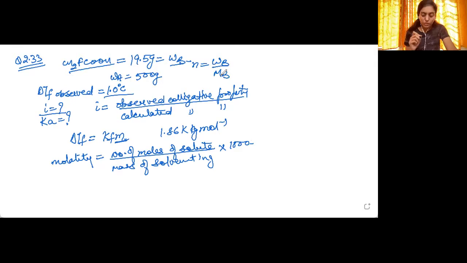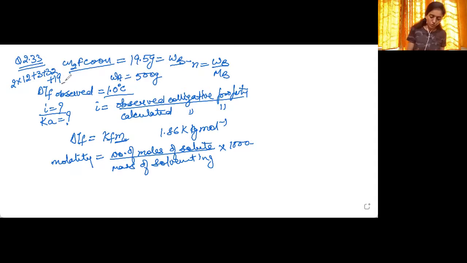First of all, just calculate quickly what is the molecular mass of fluoroacetic acid. So 2 carbons are there, 2 into 12 plus 3 hydrogens are there plus 2 oxygens are there, 32 plus 1 fluorine is there, 19. So let's calculate it. So 24 plus 3 plus 32 plus 19.